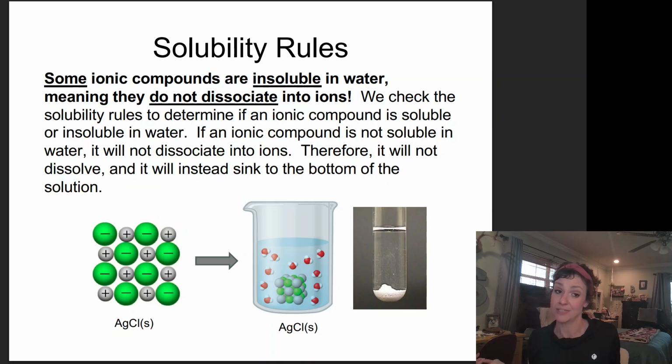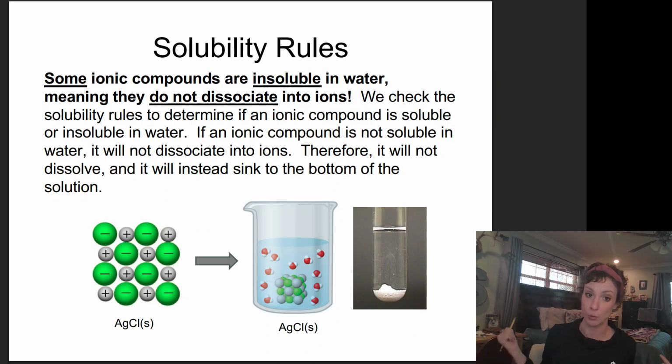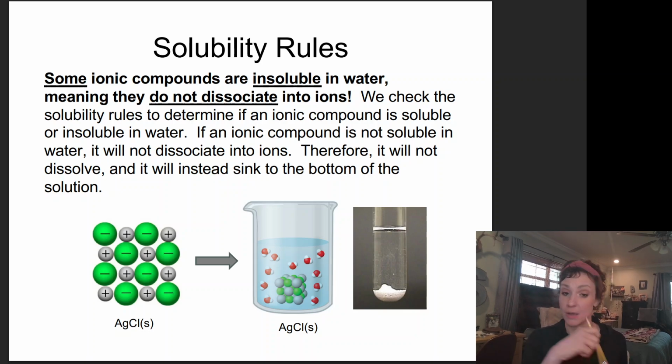We check what is called the list of the solubility rules to determine if an ionic compound is soluble or insoluble in water. If an ionic compound is not soluble in water, it will not dissociate into ions, and therefore it will not dissolve, and it will instead sink to the bottom of the solution no matter how much stirring or agitation or heating up I do.